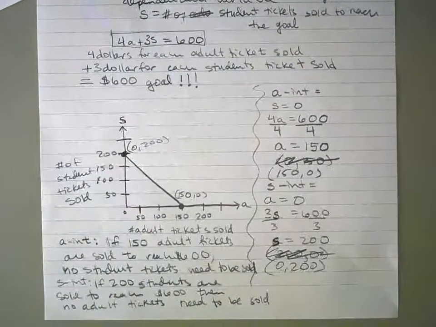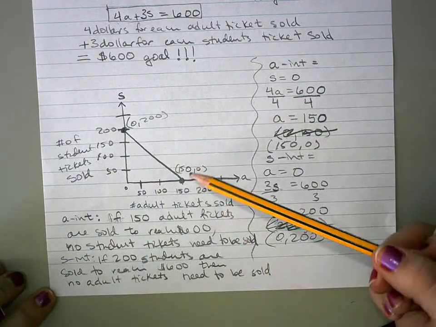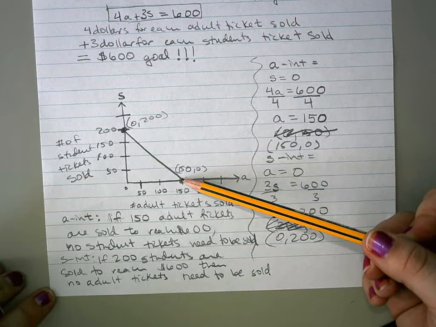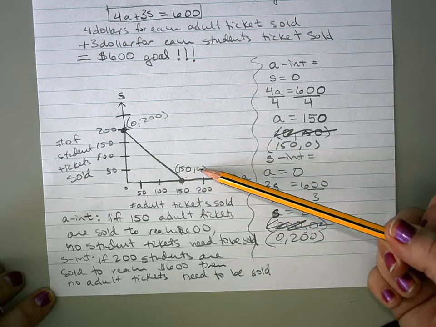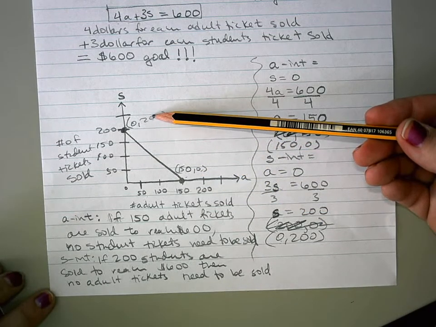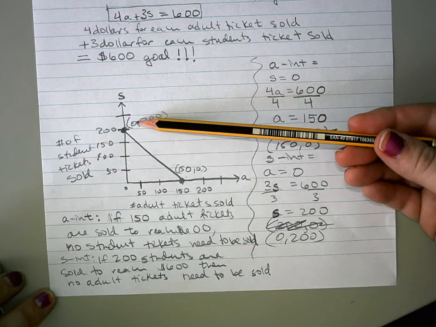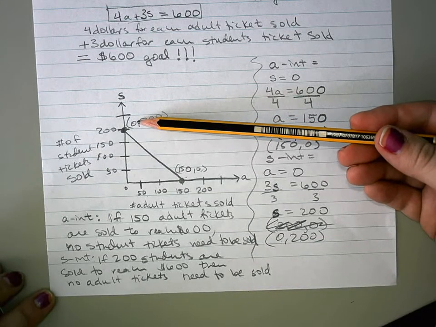Let me put that down there. So let me read that one more time. If 150 adult tickets are sold to reach $600, then no student tickets need to be sold. If 200 student tickets are sold to reach $600, then no adult tickets need to be sold.